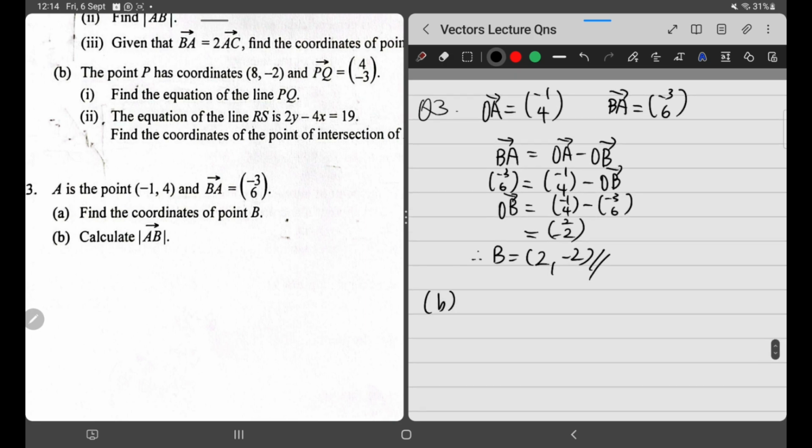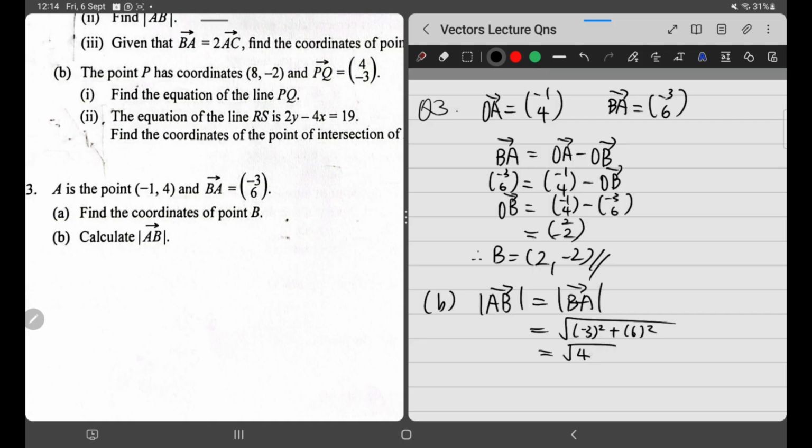And then they want us to calculate the magnitude of AB. But since AB and BA have the same length, right? It's just that they are in opposite directions. So I can just use negative 3 square plus 6 square.